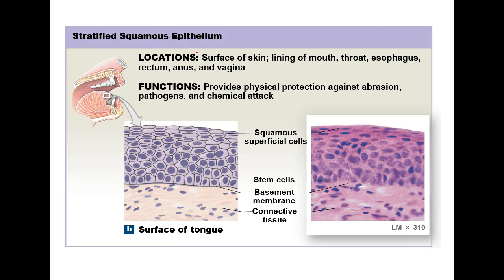Stratified squamous epithelium, on the other hand, we will find it on the surface of the skin, lining of the mouth, and a few other places. The reason why we find this in especially the surface of the skin, we are providing physical protection against abrasion. So the more layers we have, the more protection we have against abrasion. So if we brush up against something, we may lose a layer or two of skin in that particular area, but luckily we have a very large amount of cells that are able to replace.